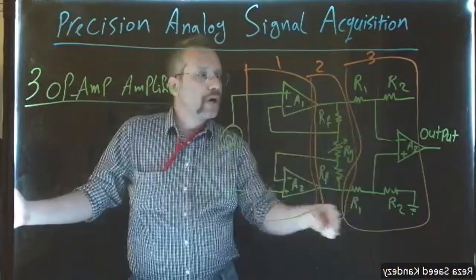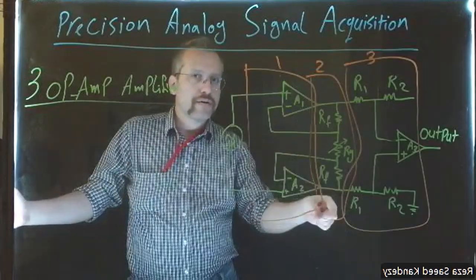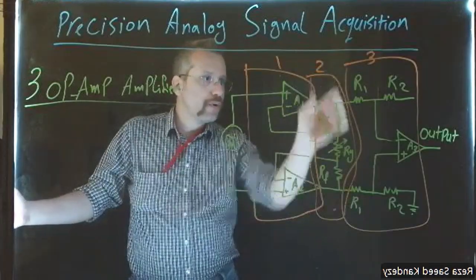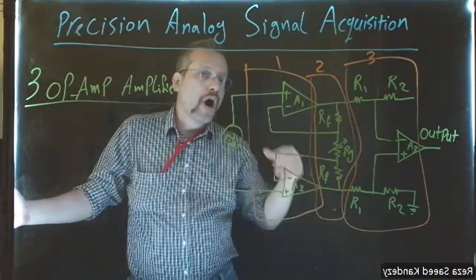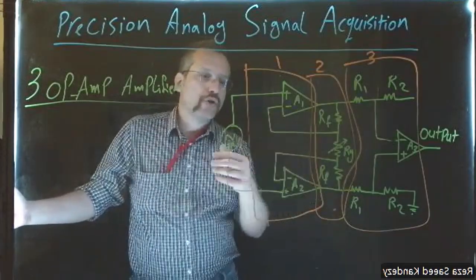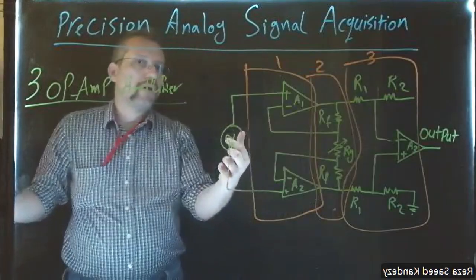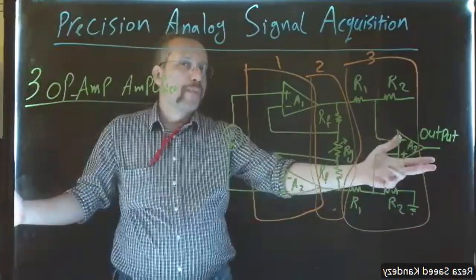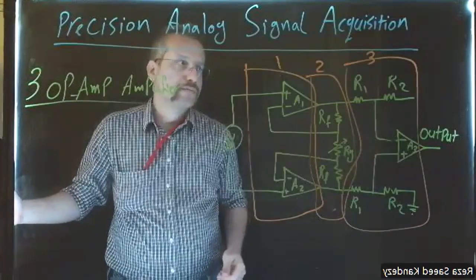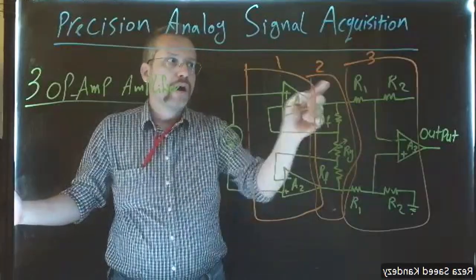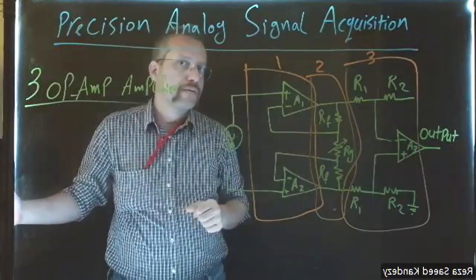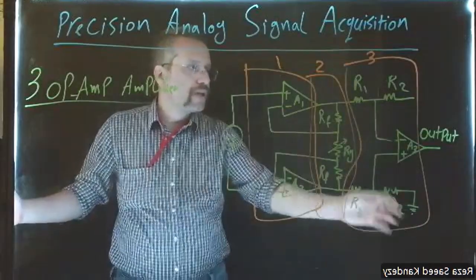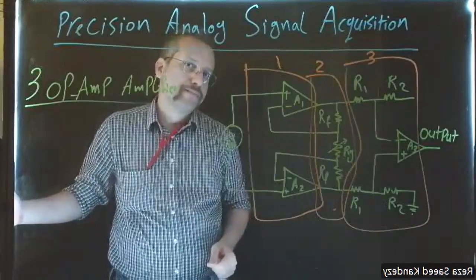The second block is the gain of the circuit. So this block defines how much you amplify your weak input signal so you have a measurable, proper output signal. So this is the gain of your 3-op-amp amplifier. And the third one is the comparator that we talked about.